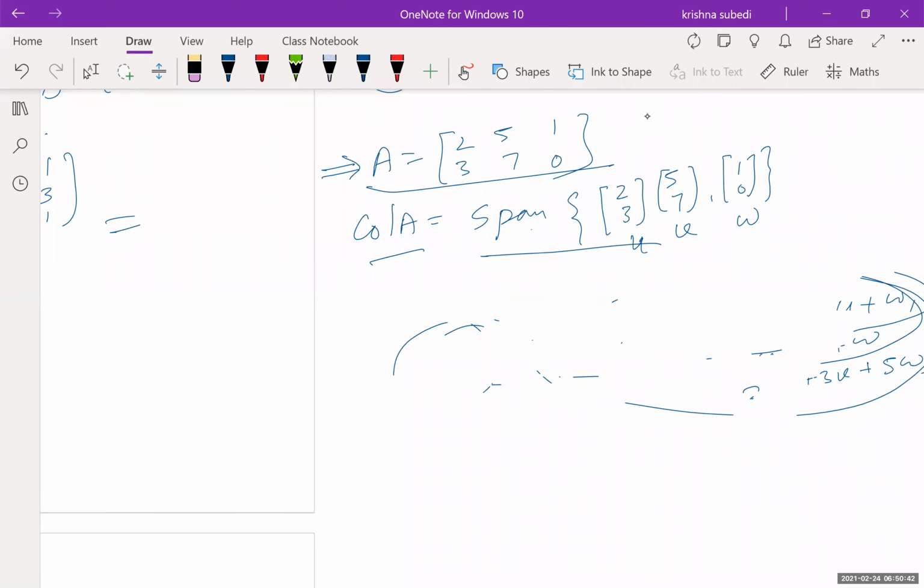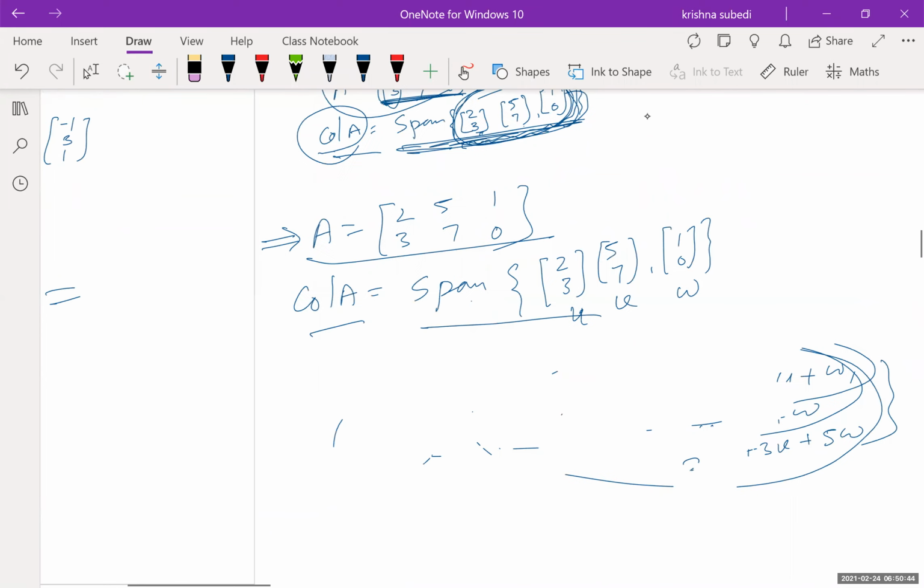Suppose matrix A is given, and this particular matrix is of size 2 by 3. And what we said earlier in the case of null space is that the null space of A must be a subspace of R3. That's what we said.